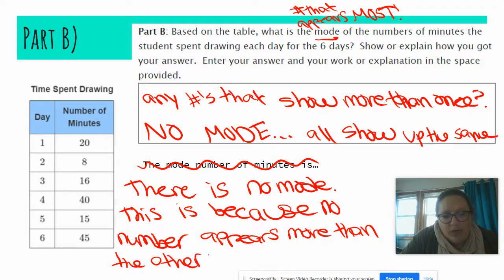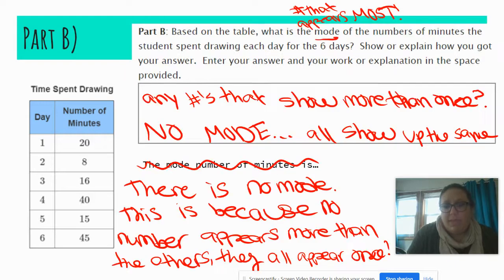If you wanted to, you could say they all appear once. And I can't fit it right here, but then we would say, therefore, there is no mode, because all of the numbers show up the same amount of times, as you can see.